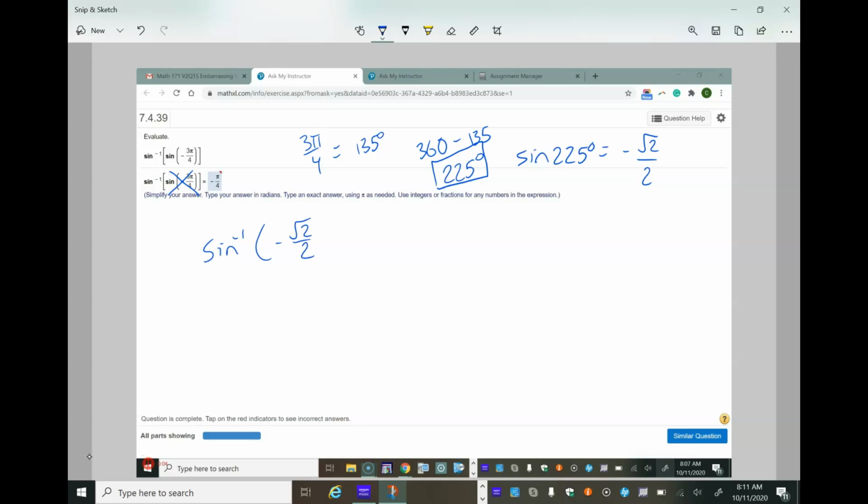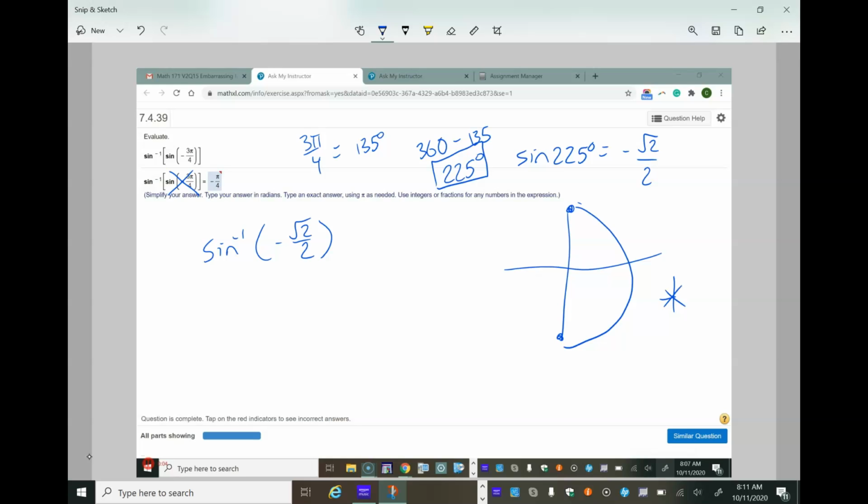So what this is now asking is, what value will give me negative square root of 2 over 2 if I do the inverse? And remember, with the inverse of sine, you are only looking from here to here. So it's negative, so I know I have to be down here. So I need to look at, where is sine negative square root of 2 over 2 in the fourth quadrant?